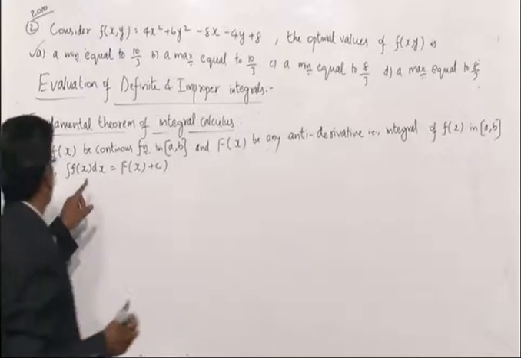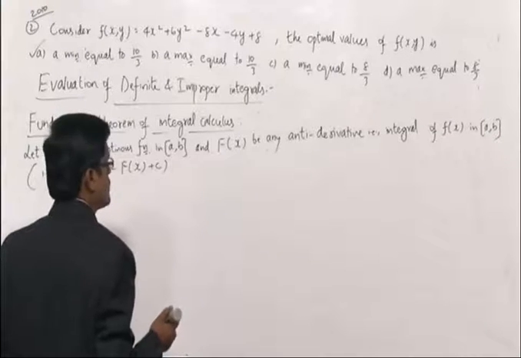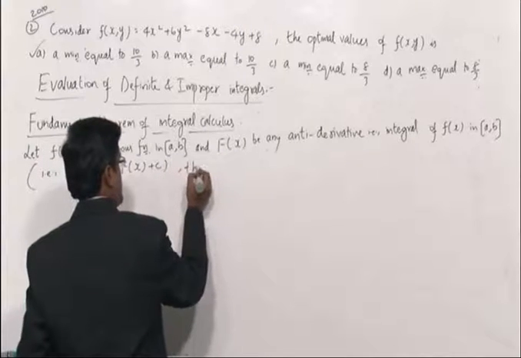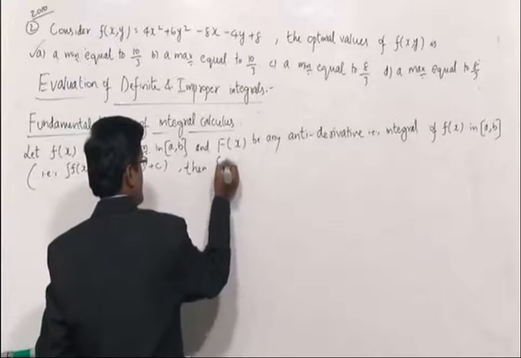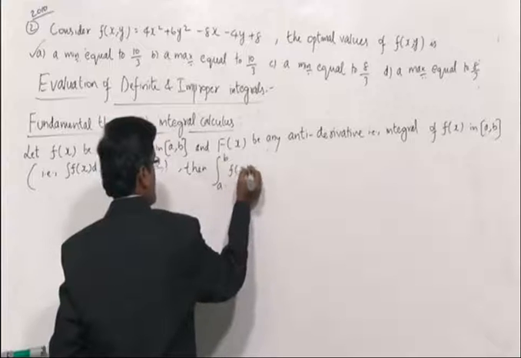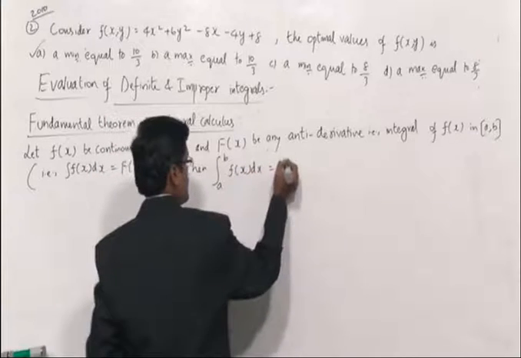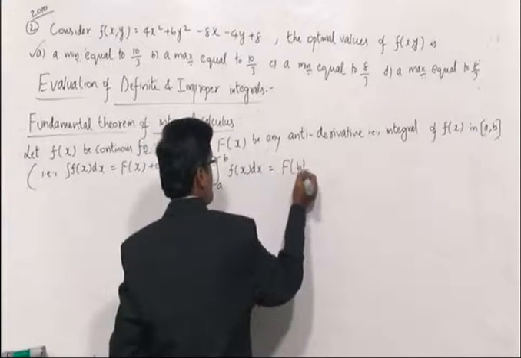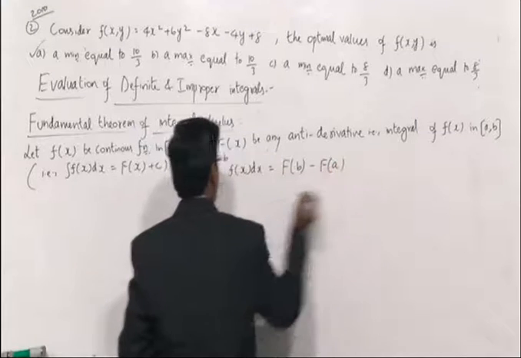Then integral from a to b of f of x dx is equal to capital F of b minus capital F of a.